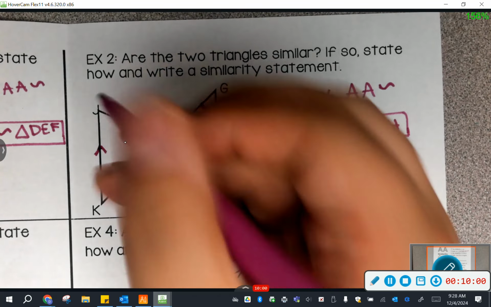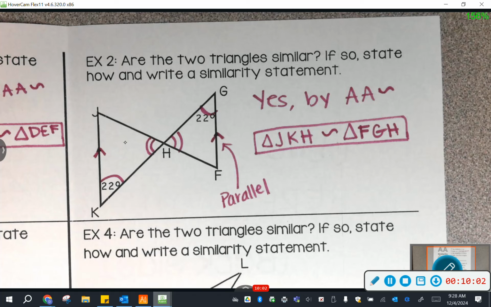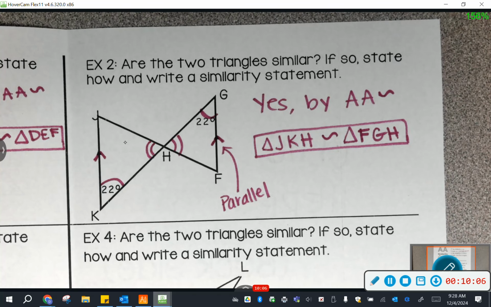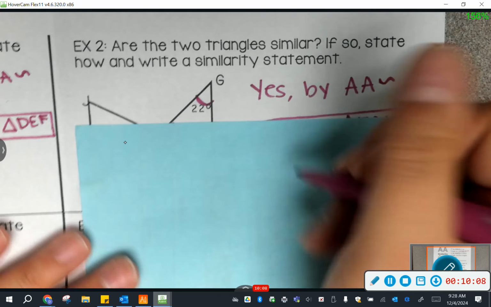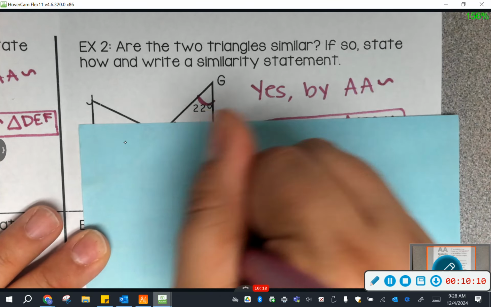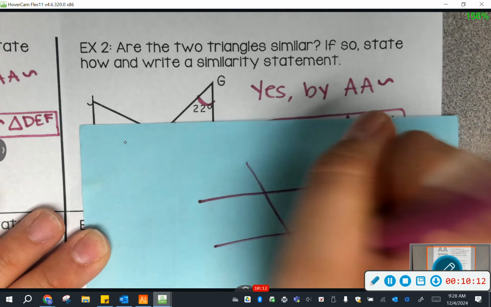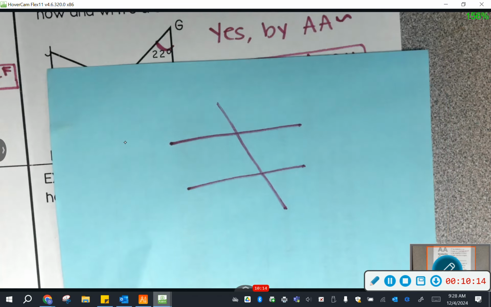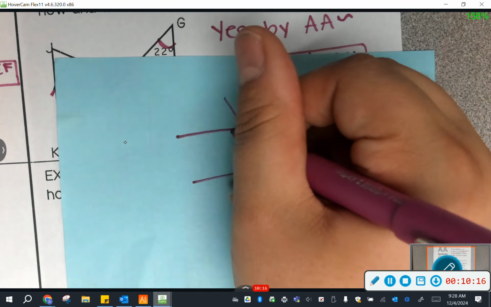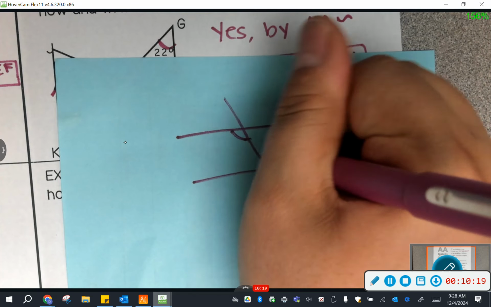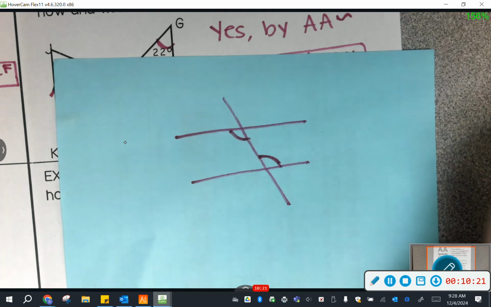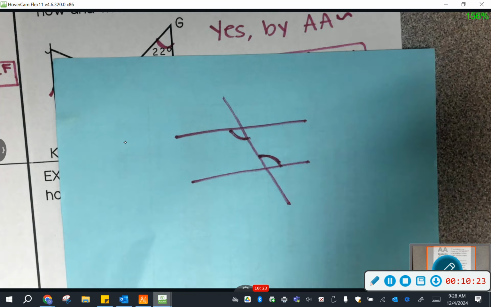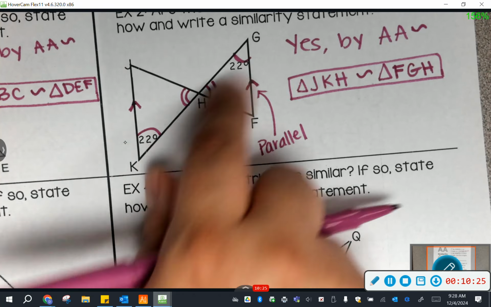Why? Do y'all remember way back when, before the beginning of October, when I taught you something with parallel lines and a transversal? And do you remember when we had alternate interior angles, they were congruent? That is what these 22s are.